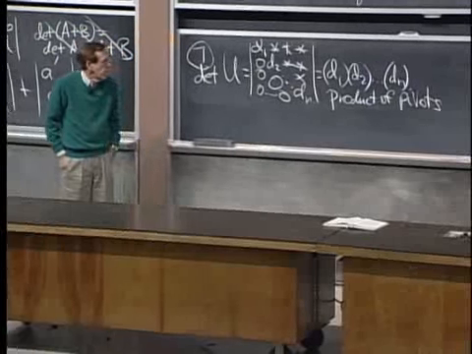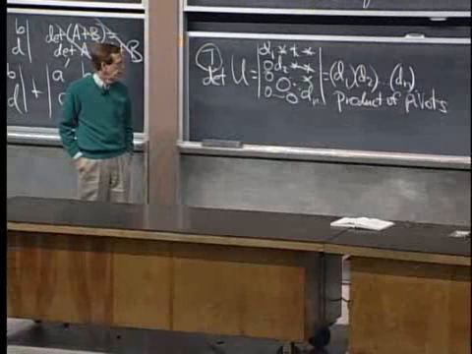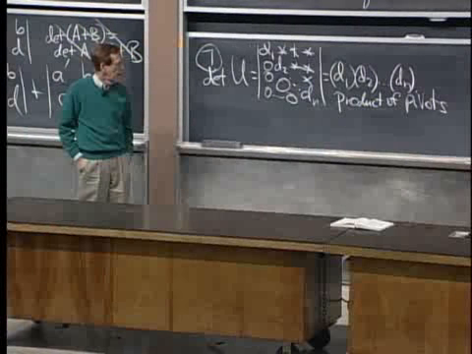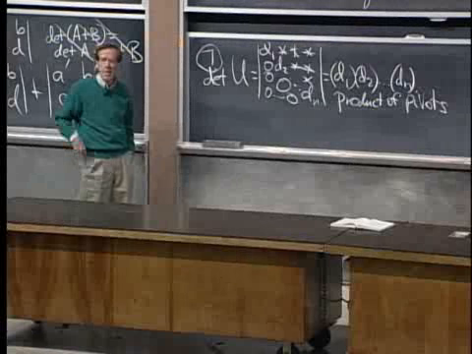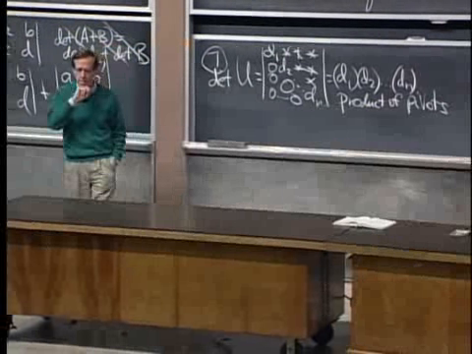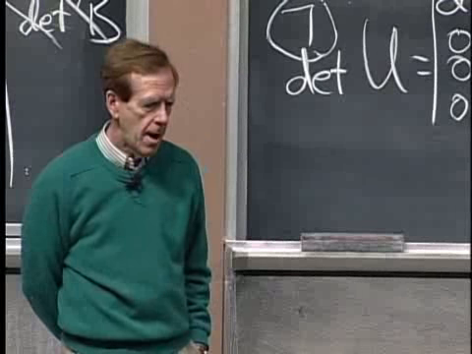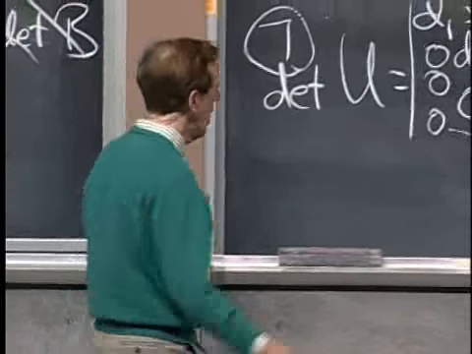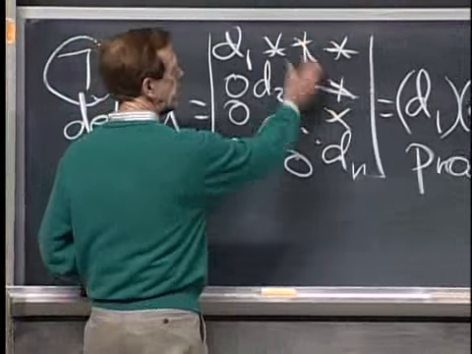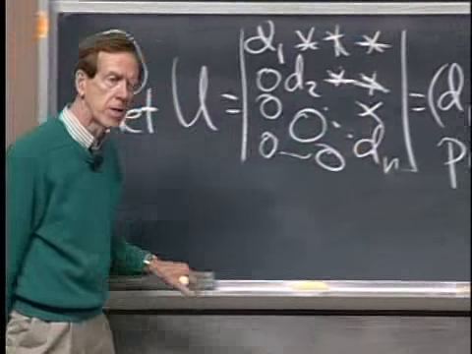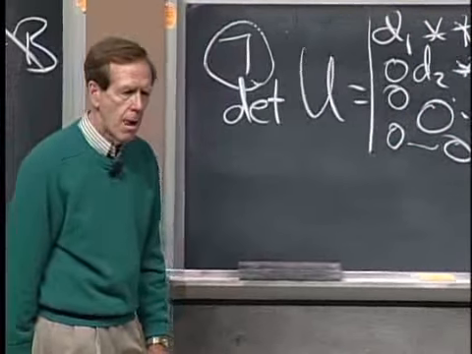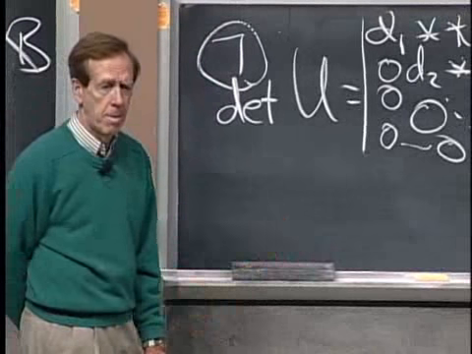Okay, how do I prove that? Let's see. Let me suppose the D's are not 0. The pivots are not 0. And tell me, how do I show that none of this upper stuff makes any difference? How do I get zeros there?